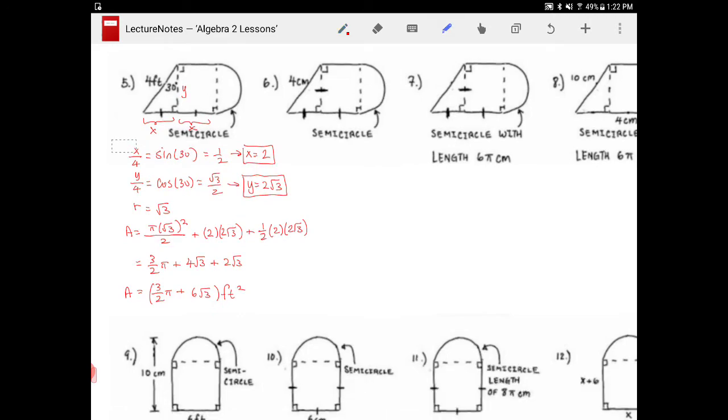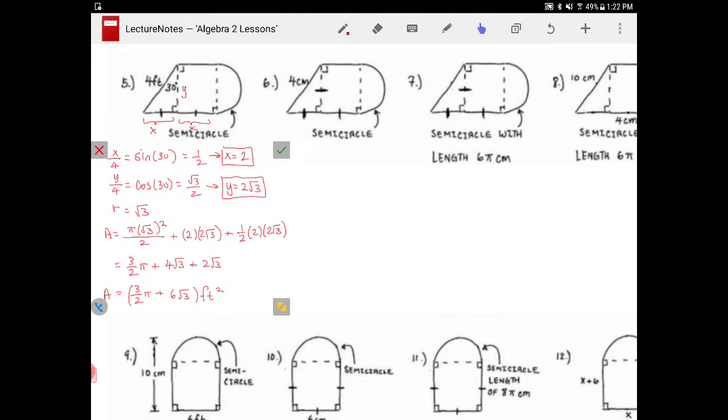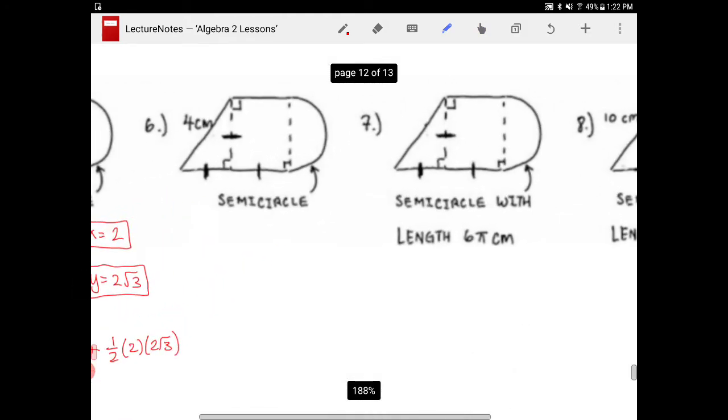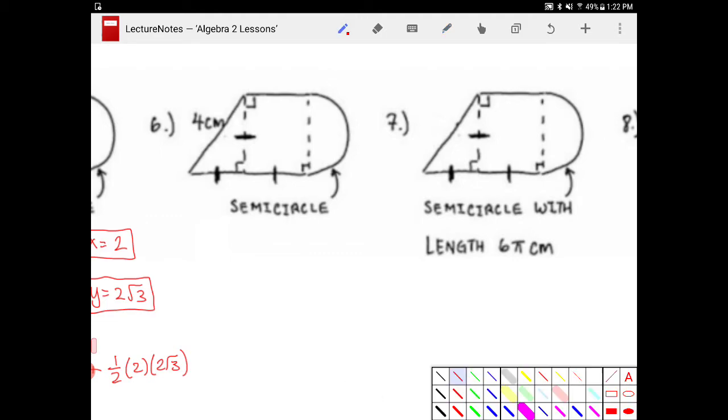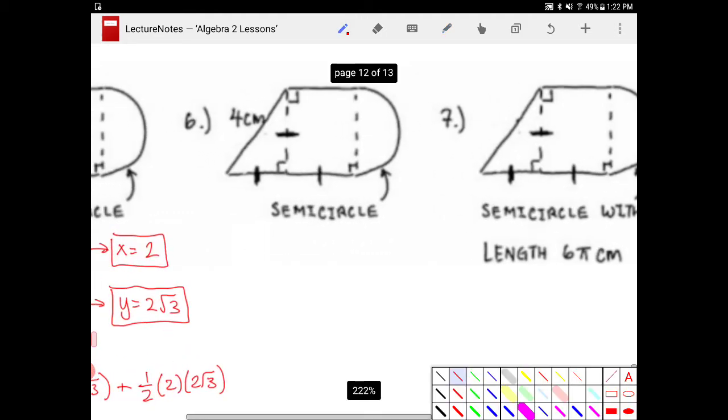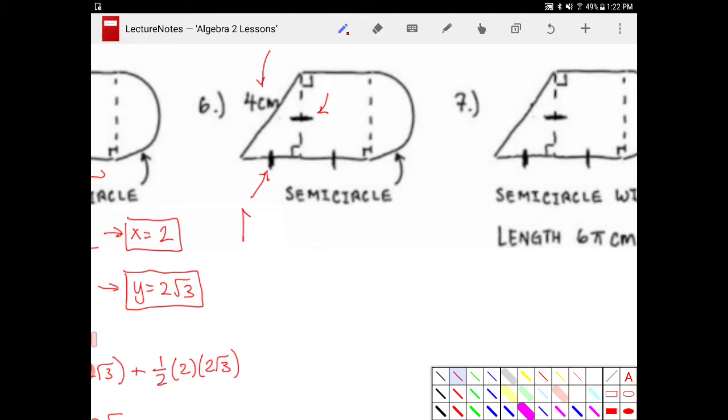Actually, I'm going to move this a little over because I have a feeling I may run out of room. Okay. So really similar problem. This one is actually slightly easier because if I know that this is 4, I can then figure out what these side lengths are. So if I know that that's an isosceles right triangle and I'm given the hypotenuse, then the ratio is going to be x radical 2.